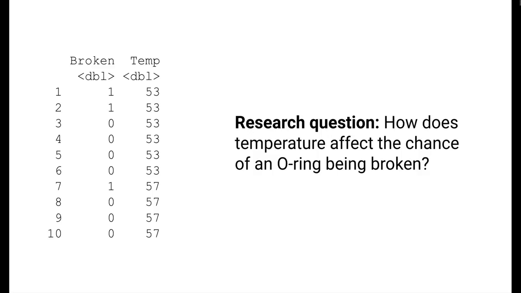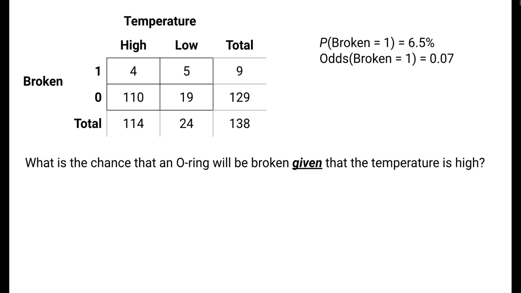So now that we have some understanding of the broken variable on its own, let's return to our research question, which involved looking at the relationship between broken and temperature. So instead of asking, what is the chance that an O-ring will be broken, where this estimate was 6.5%, we can now ask, what is the chance that an O-ring will be broken given that the temperature is high?